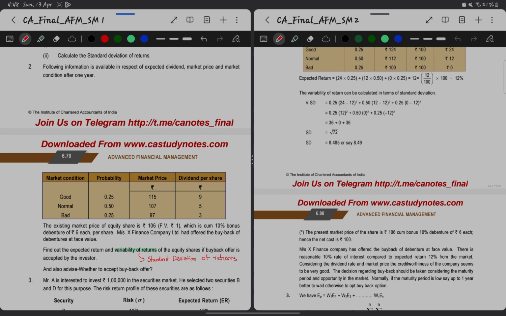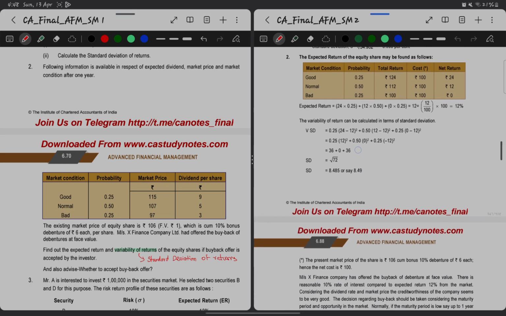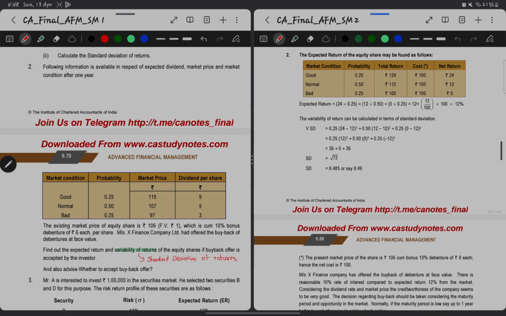So expected return can be found out using the details given for the shares. Here we take the cost as 100, as previously told, which is nothing but 106 minus the bonus debenture 6 rupees, giving the net cost of the equity share, which is 100.